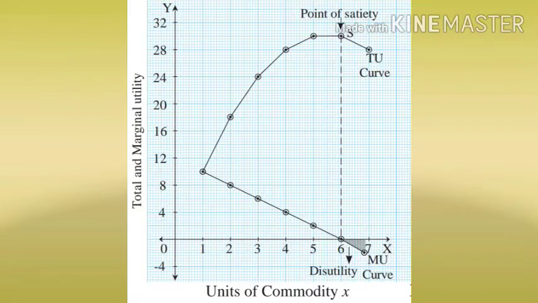Thus, it is observed that total utility is always positive, but marginal utility may be positive, 0, or even negative.